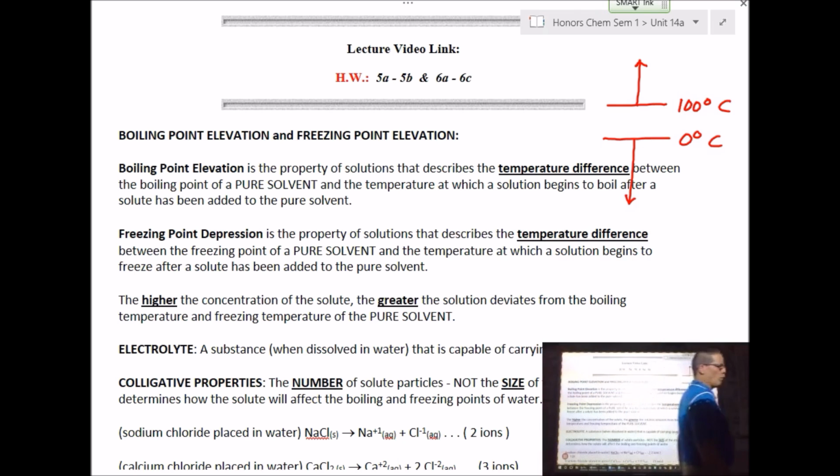Why do we put salt on the roads in the wintertime after, say, a snowstorm? Melts ice. It actually lowers the temperature at which ice freezes, thus melting it. Very good. So we lower the temperature at which it freezes, and then it just melts away.